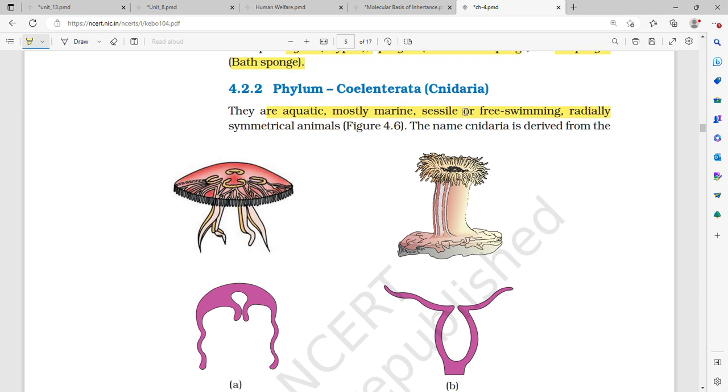They can be sessile, that is, restricted to one place, or free swimming. They are radially symmetrical animals.